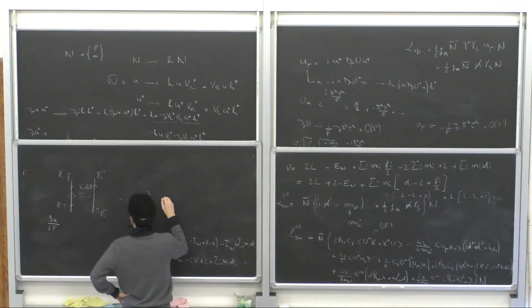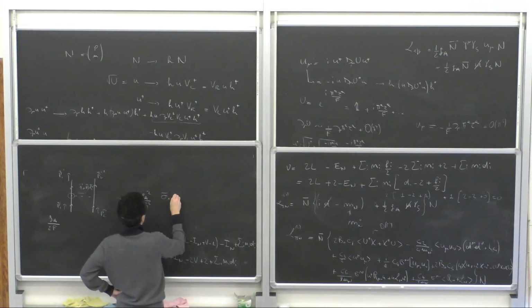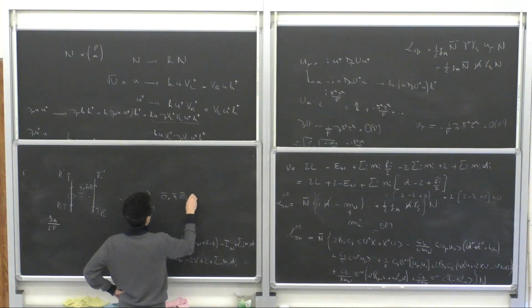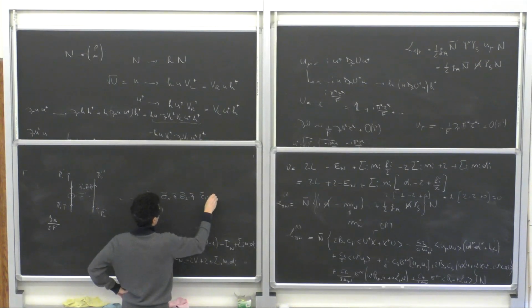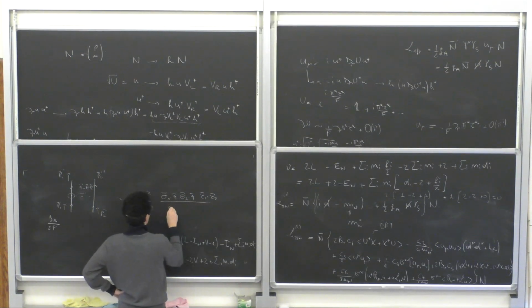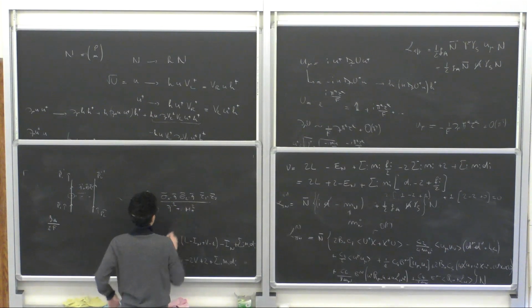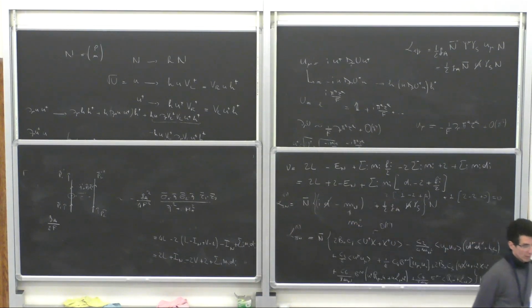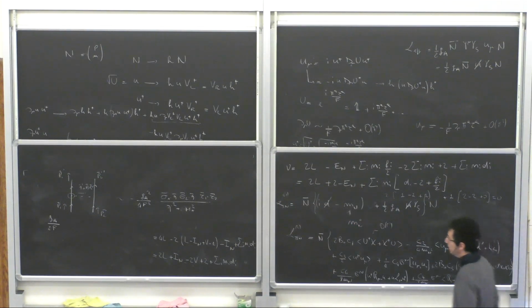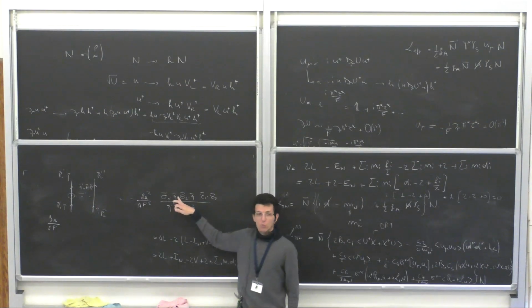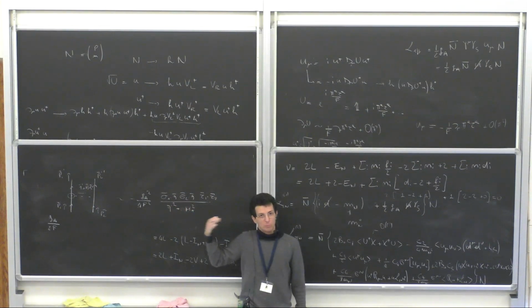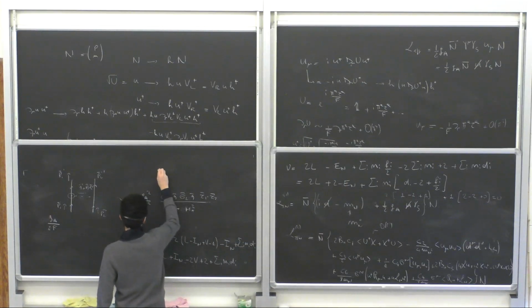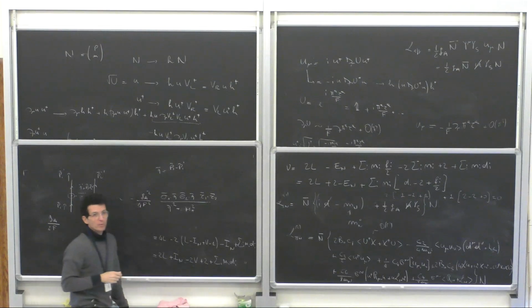In terms of this momentum, this is sigma 1 dot Q, sigma 2 dot Q, tau 1 dot tau 2 over Q squared plus m_pi squared. Okay, this is the computation of this Feynman diagram. It involves the nucleon momentum transfer. So Q, recall, Q is P1 minus P1 prime.